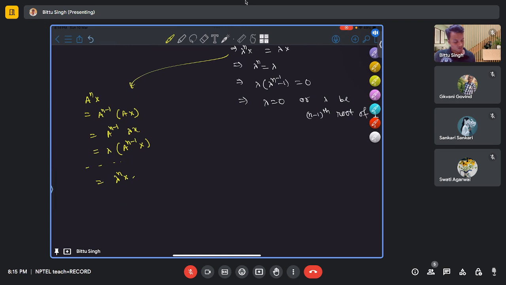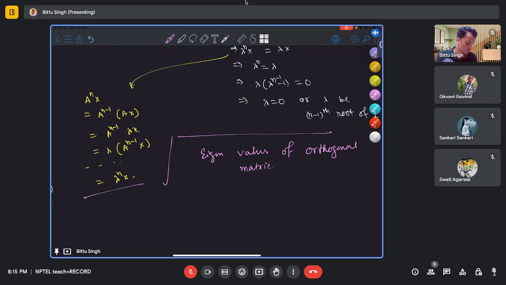Another interesting thing is that eigenvalues of orthogonal matrices satisfy this: mod of lambda is 1. That is, the modulus of the eigenvalues will be 1. Now if we are working over the real field, then there are only two possibilities: lambda is plus 1 or minus 1.